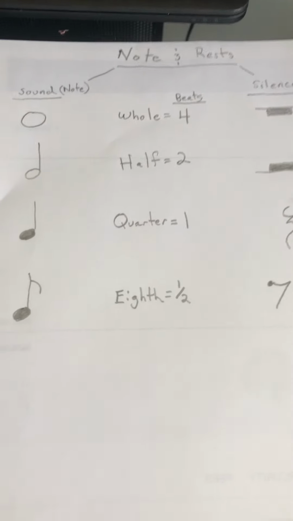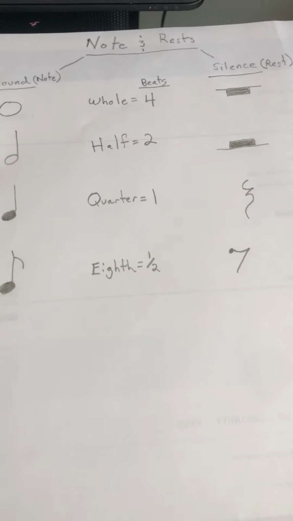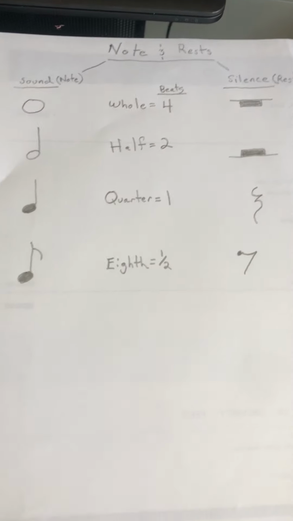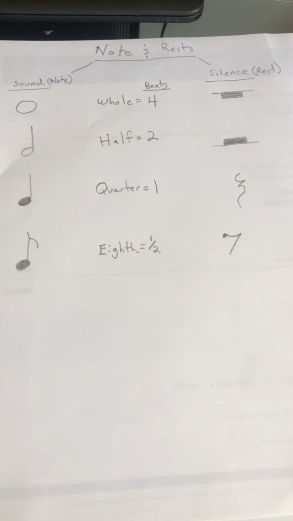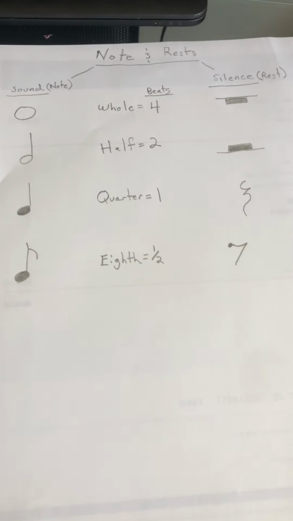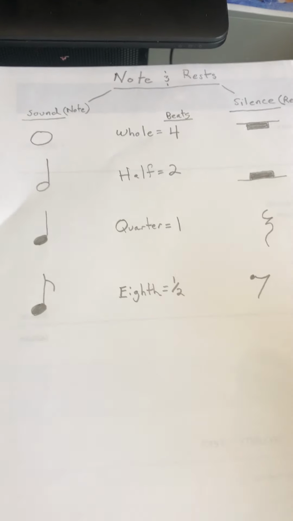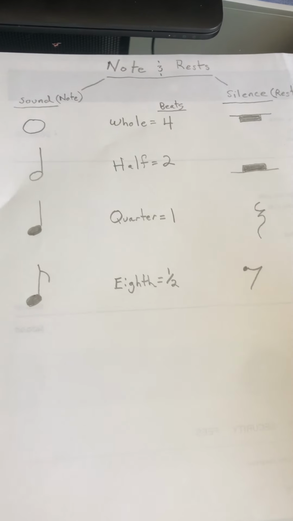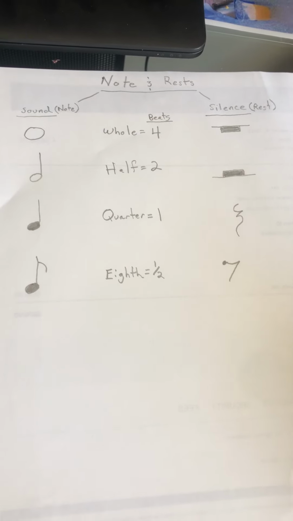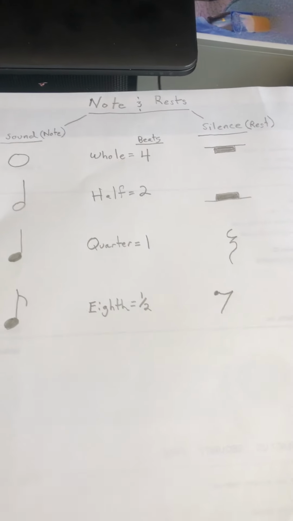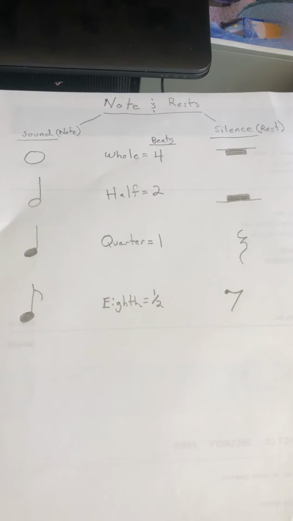Here we have our rhythm breakdown of the various notes and rests and their values. As you can see, like we went over, notes and rests are broken down into two separate categories: sound and silence.